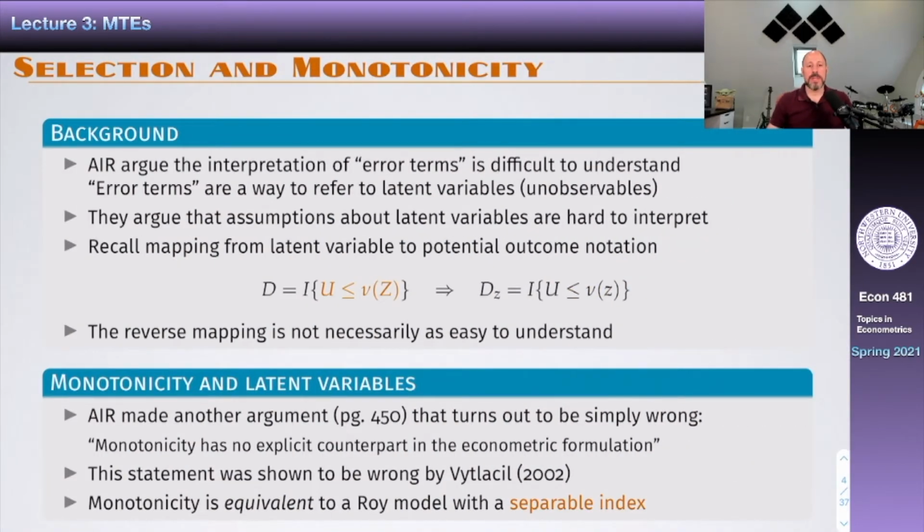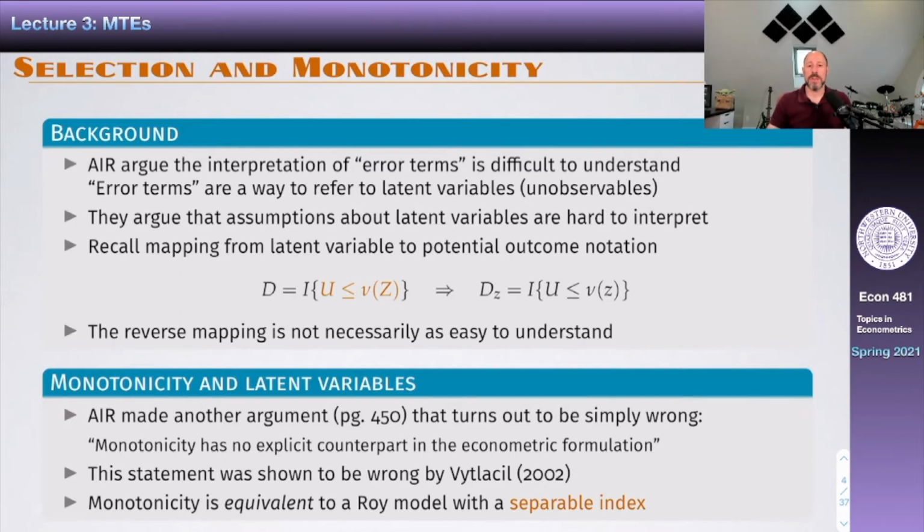We're going to start with this paper that I mentioned towards the end of the previous discussion, which was Angrist, Imbens, and Rubin, in which they argue that the interpretation of the error terms, which are the U in the notation that we're using, is difficult to understand. So they make an explicit reference to latent variables.